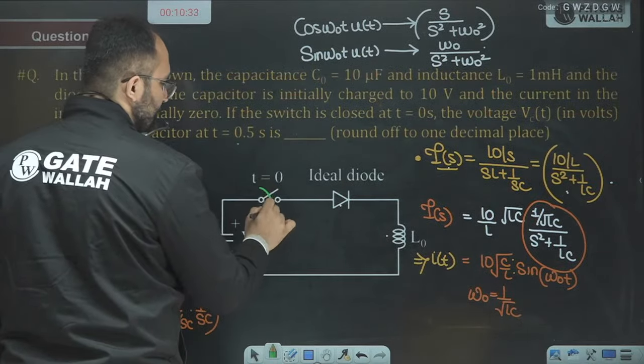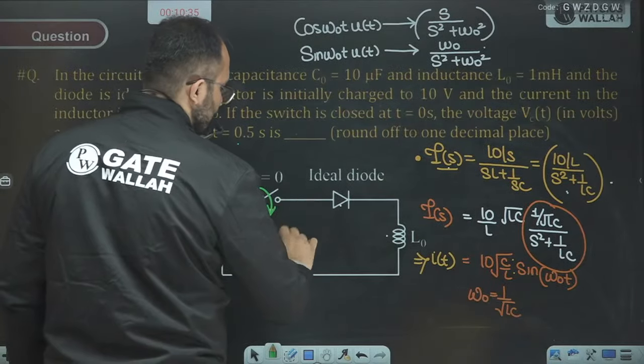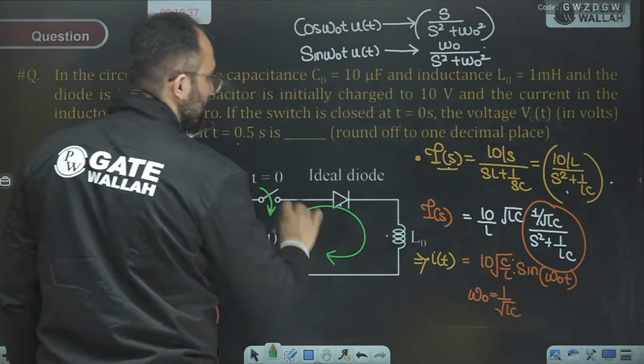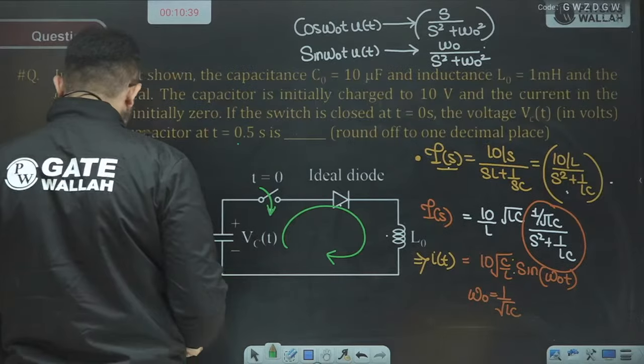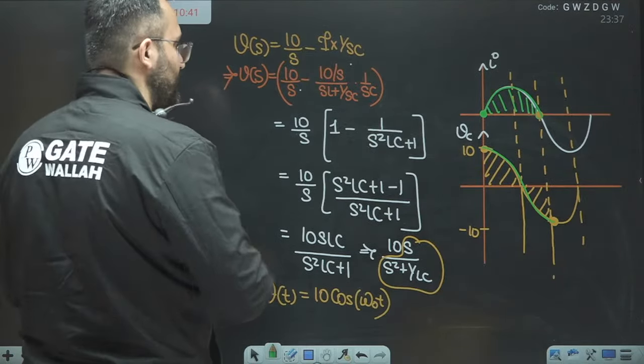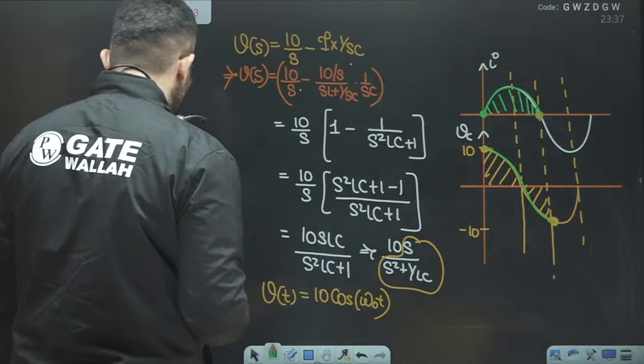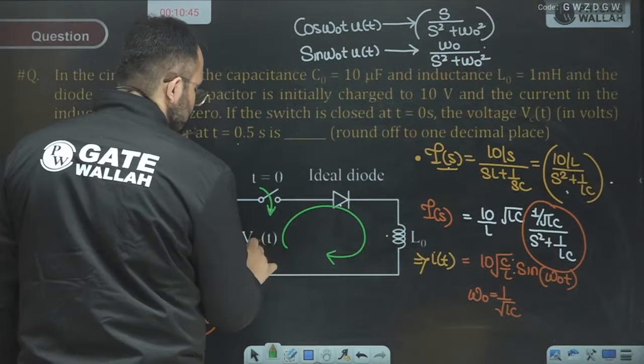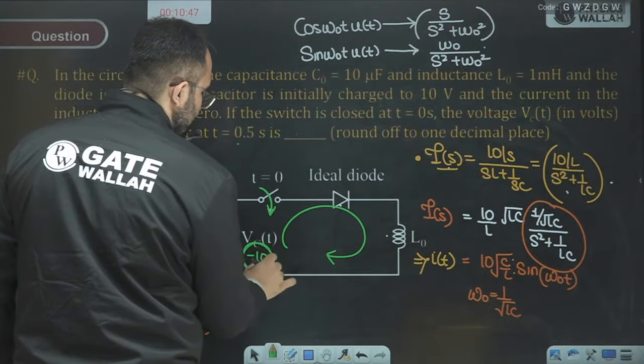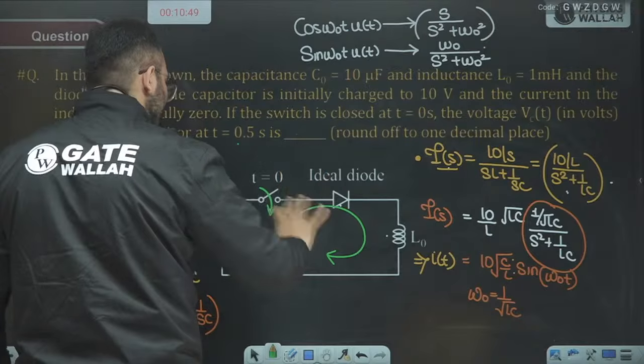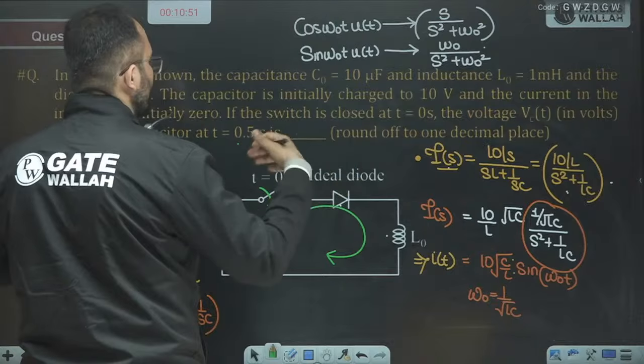The current will flow only for the positive cycle, and the capacitor will get the minimum value minus 10. After that the current flow will stop and the cycle movement will also stop.